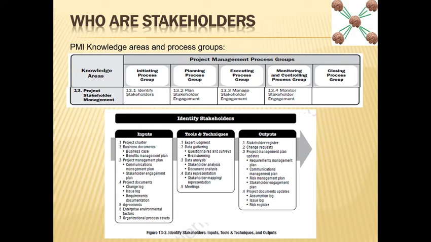Now this whole data needs to be analyzed. Okay, you get data about your stakeholders. Now you need to analyze that data. This is the analysis. In this stakeholder analysis, you should rank the stakeholders.